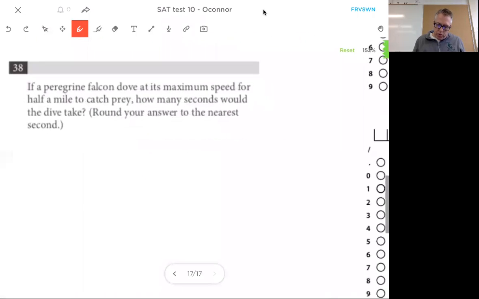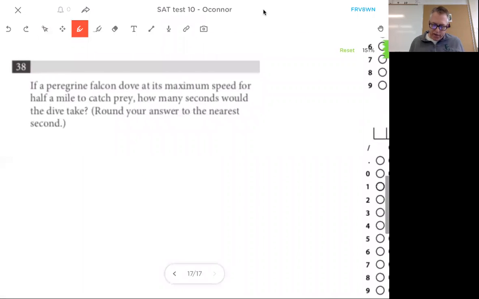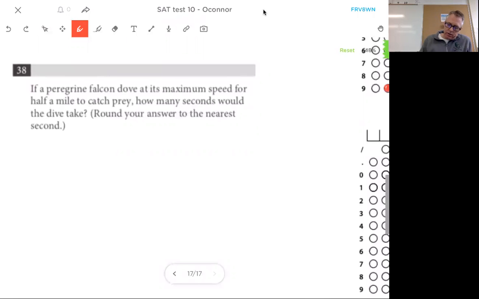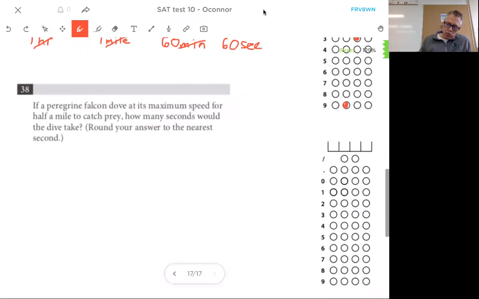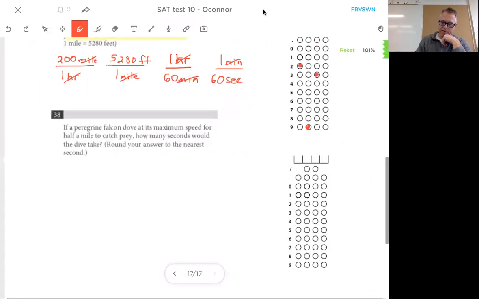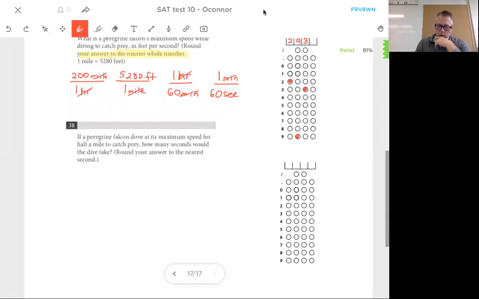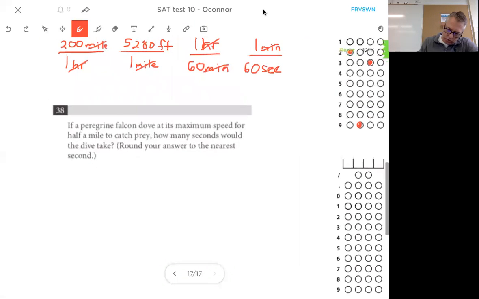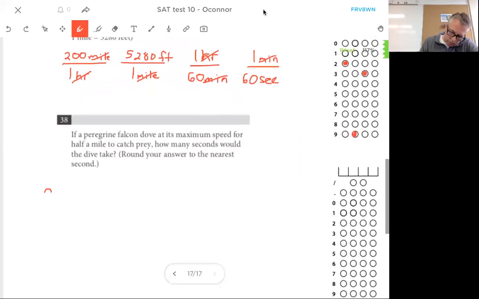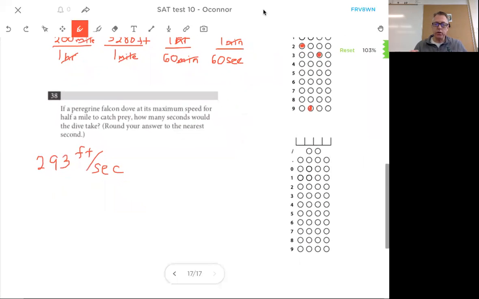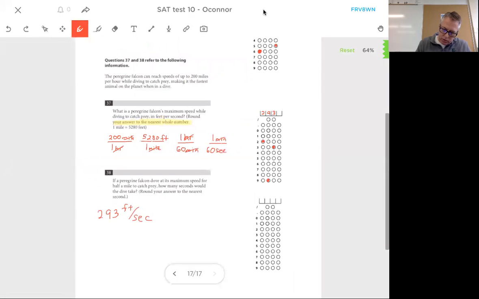So if the Falcon dove at its maximum speed for a half mile, how many seconds would the dive take? So it's going to go a half mile. Well, let's see. We know that it went, what was it, 293 feet in 1 second. And we want to know how long it's going to take to go a half mile. Well, it told us earlier that a mile was 5,280 feet.